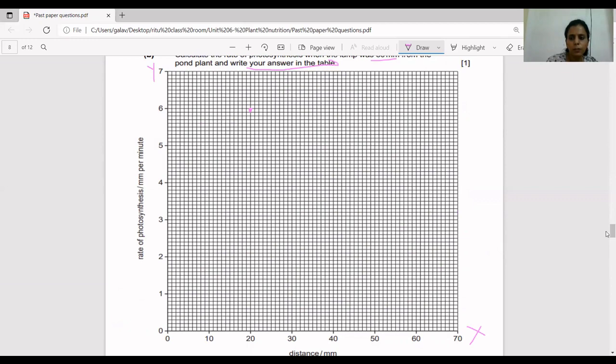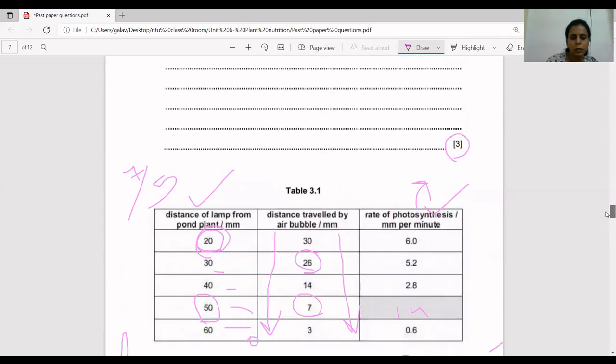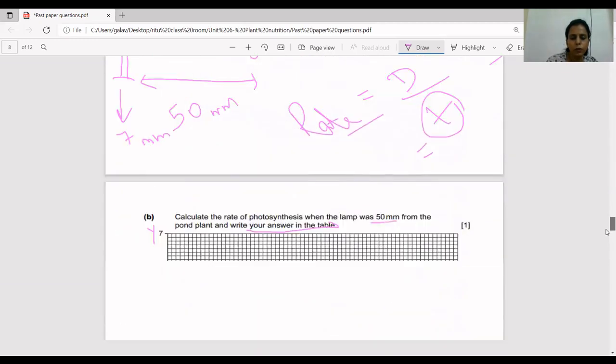Then when the lamp was placed at 30 millimeter, the rate was 5.2.